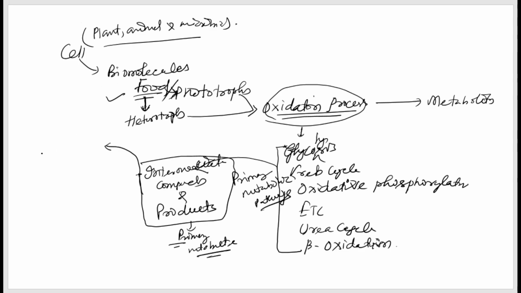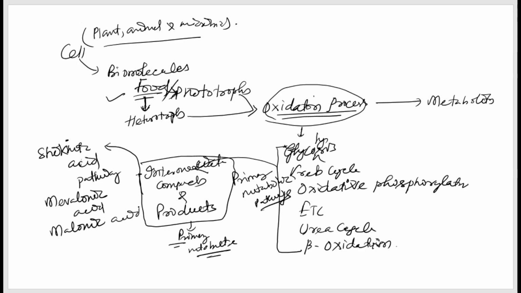There is the shikimic acid pathway, the mevalonic acid pathway, the malonic acid pathway, the beta lactam pathway, and the non-ribosomal pathway, where the non-ribosomal peptides are synthesized.